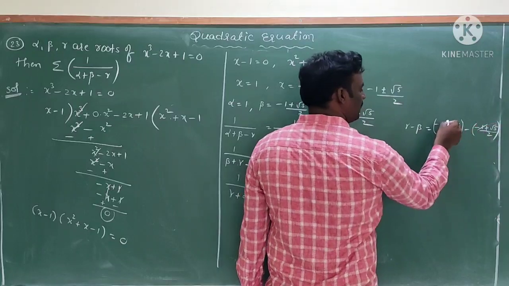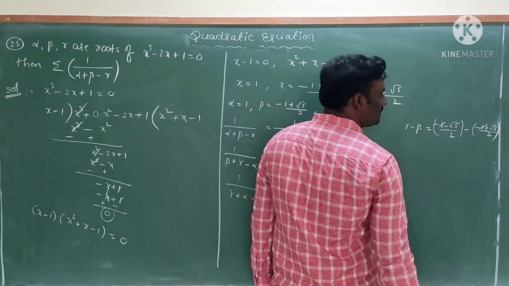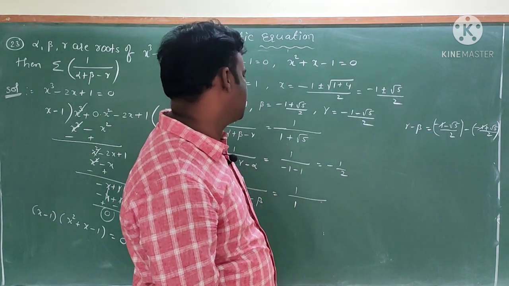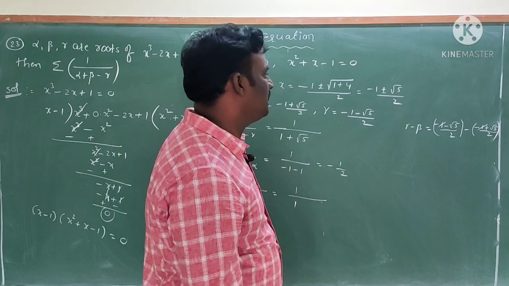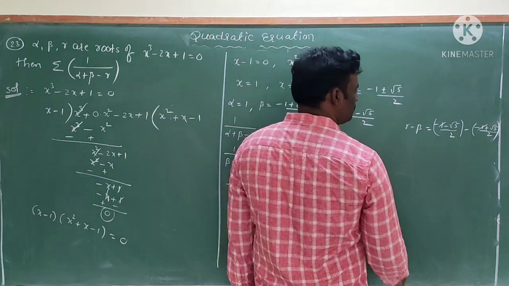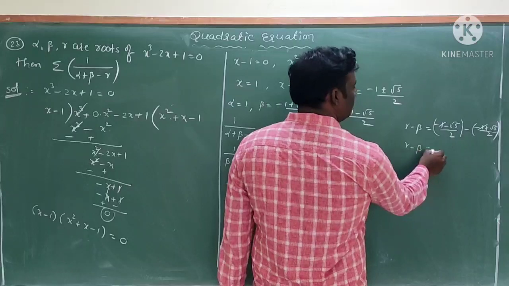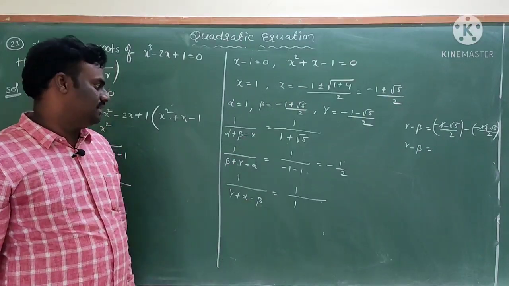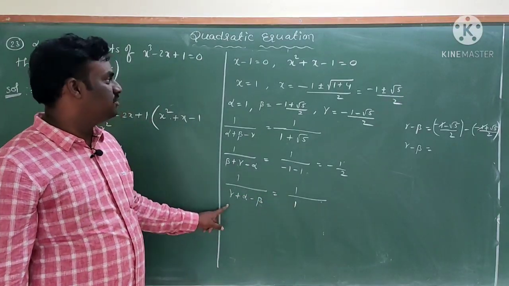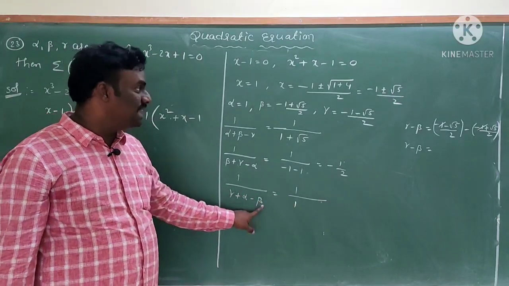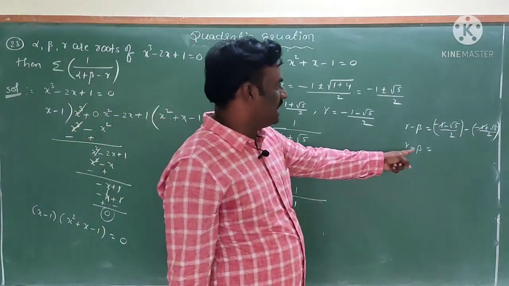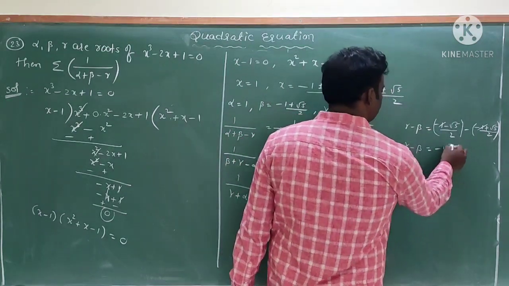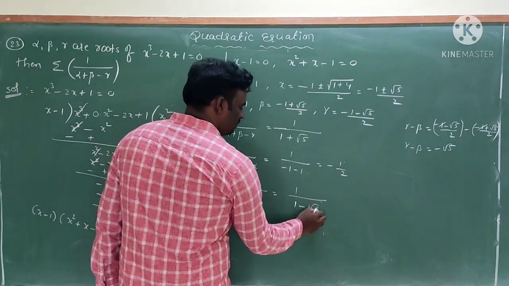Now here minus 1 cancels. Here what will we get? Plus 1, minus 1 plus 1 cancel. Now here what is remaining? Minus 2 root 5 by 2, the alpha minus beta. So here alpha value I wrote 1. Next we need to subtract gamma minus beta. Gamma minus beta I can simplify here, minus 2 root 5 by 2, that is minus root 5.